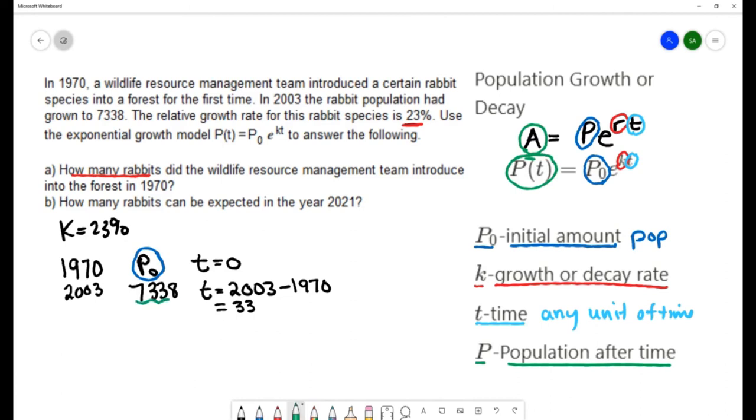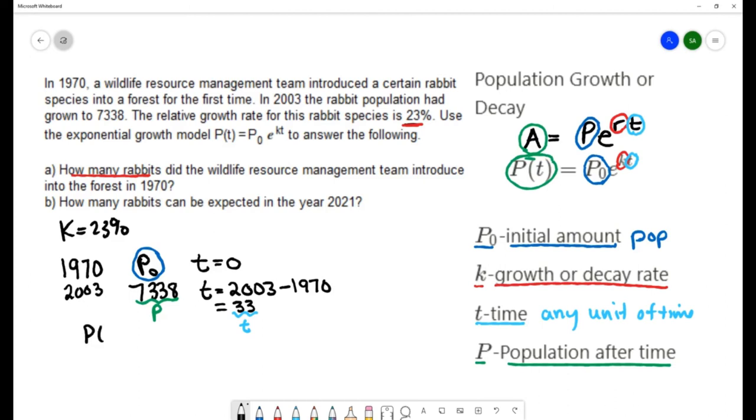This number here is our P, our population after some period of time. Then we have this variable being our time. And we're going to be able to solve for that P naught. So let's see that work.